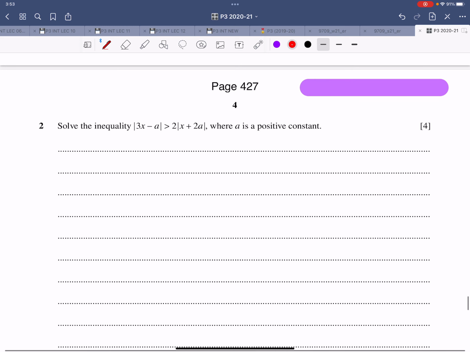Question number 2. Again, first read, then label the question. I hope I've labeled the previous one. Solve the inequality. It's a modulus inequality. Modulus on the left, modulus on the right, and a is a positive constant. So this is a mod inequality.